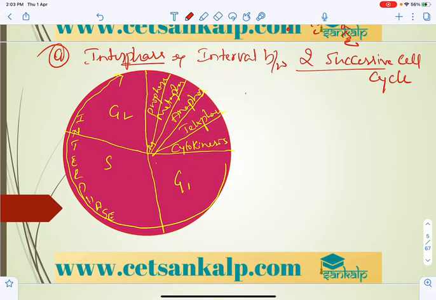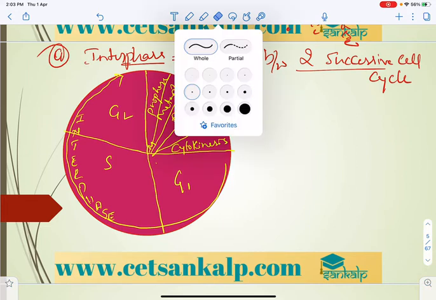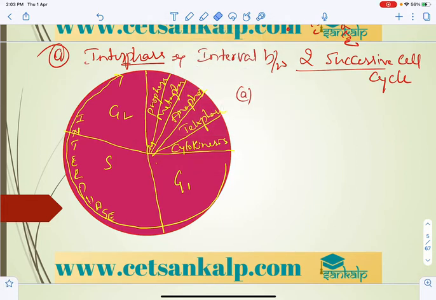They are going to ask the question, which is the longest phase in the cell cycle? That is the interphase. Let us take it point by point. Interphase includes a series of changes where the cell prepares for cell division. What are those preparations?